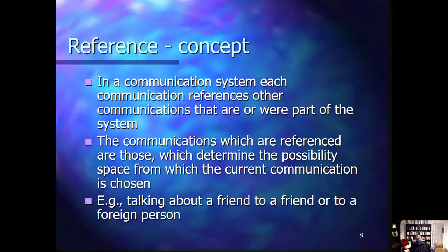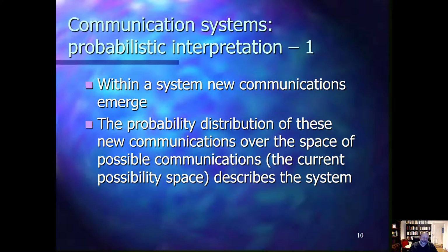In another case, you cannot talk so easily about your friend because the other person just doesn't know these references. So the possibility space is much wider, there is much less constraint on it. So this kind of highlights what we mean by reference and the possibility of possible continuation communications.